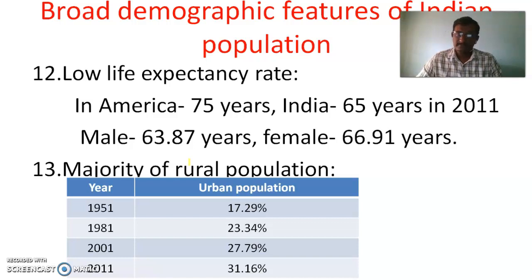And urban migration is also taking place in a much faster way. The majority of the population lives in rural areas, but people are migrating from rural to urban areas. Through this chart, we can discuss that. In 1951, the urban population was 17.29%, which rose to 23.34% in 1981. In 2001, it rose again to 27.79%, and in 2011 to 31.16%.